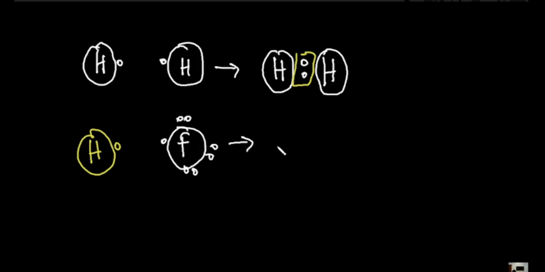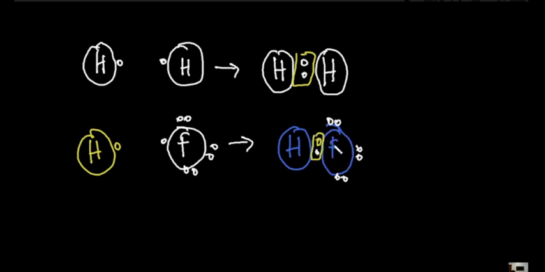So the new compound would have hydrogen bound to fluorine. But then let's consider the electrons. You have fluorine's 1, 2, 3, 4, 5, 6, 7, and then hydrogen brought 1. So notice that these 2 electrons are going to be shared by both parties.